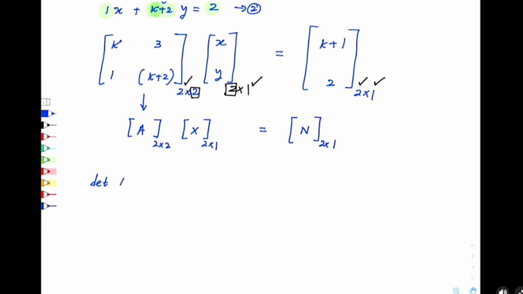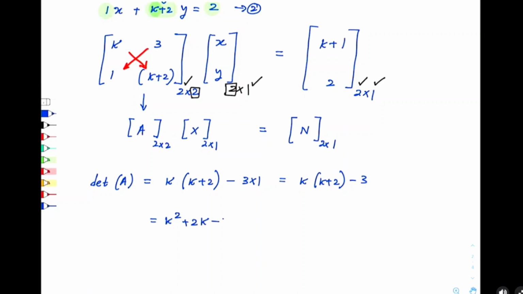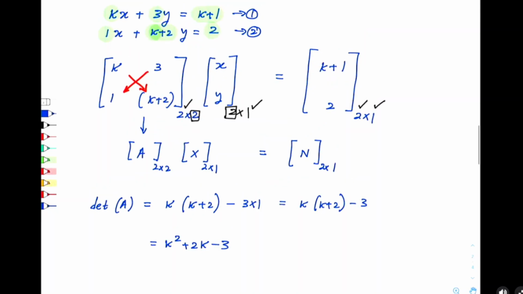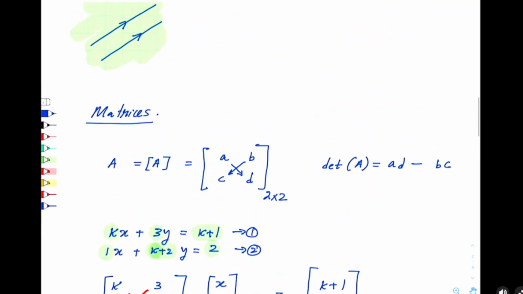What is the determinant of A then? That would be the multiplication of these two minus the multiplication of those two. K times k plus 2 minus 3 times 1, which is k times k plus 2 minus 3, which is going to be k squared plus 2k minus 3. All good? Yeah. So now I'm going to show you the connection here. Remember this, okay? Remember this and go back to my previous.